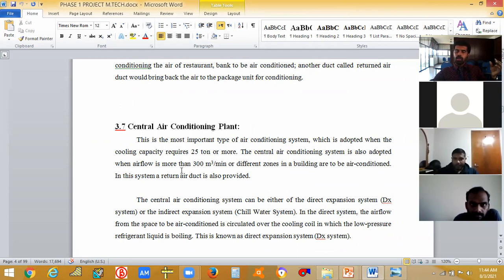So when a lot of capacity is needed, we could use centralized air conditioners. The centralized air conditioning system can be either of the direct expansion or chilled water type. Both we can use. I have already said what is direct expansion and what is chilled water system. It is nothing but a difference in the refrigerant. That's all. Centralized air conditioners mostly use the chilled water system only. Not only that, we can use DX also. It's not an issue.